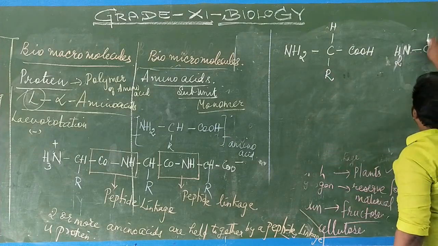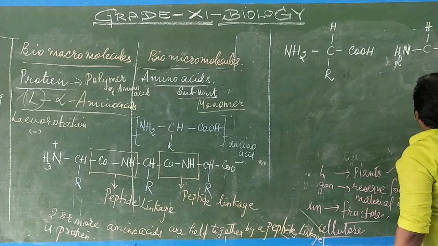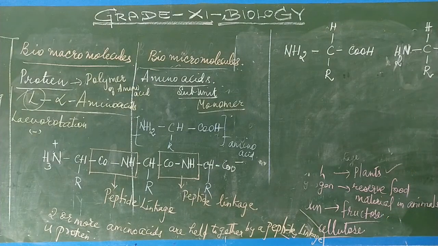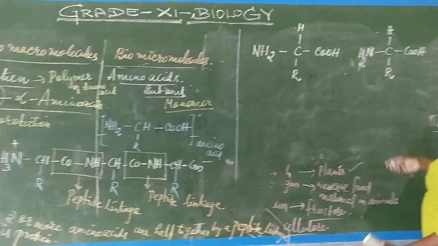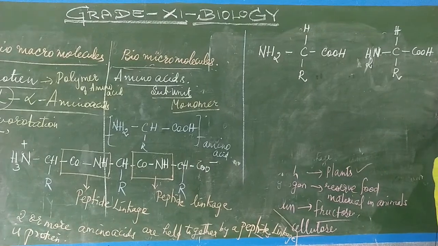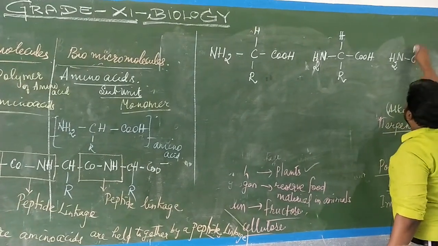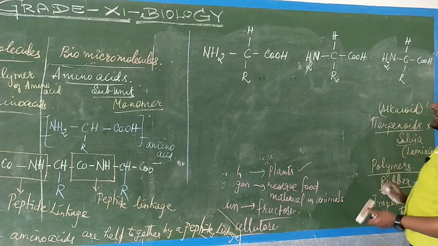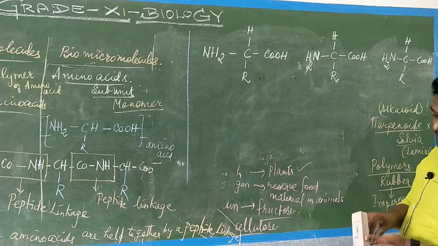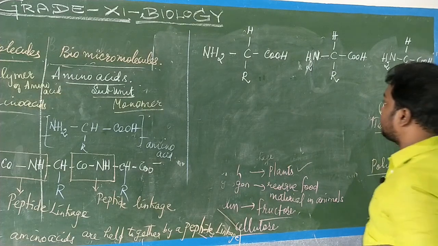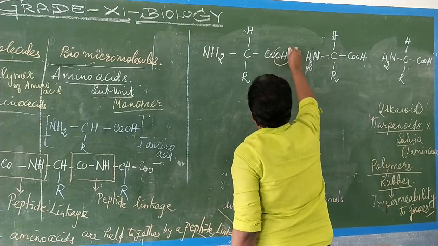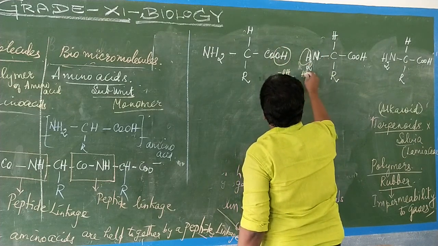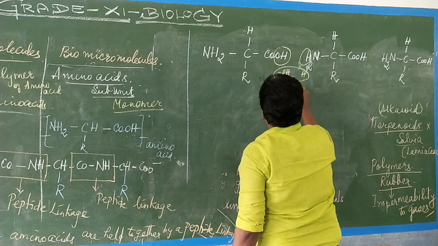NH2 bond C, bond H, bond COOH, bond R group. Next, this is bonded with again NH2, bond C, bond H, bond R, bond COOH. I have written it like this. Now listen carefully what's happening here: this OH and from here one hydrogen, this hydrogen will get eliminated as a water molecule.